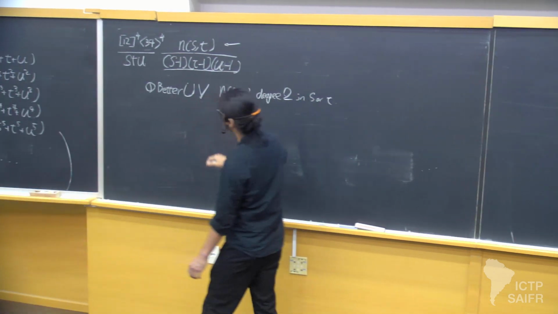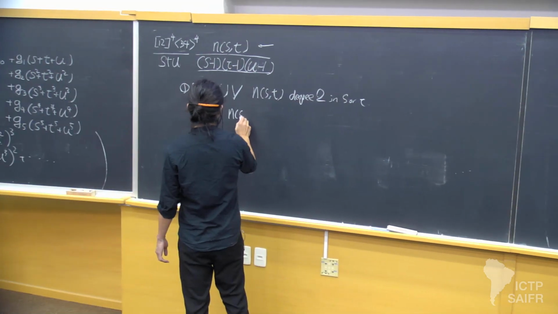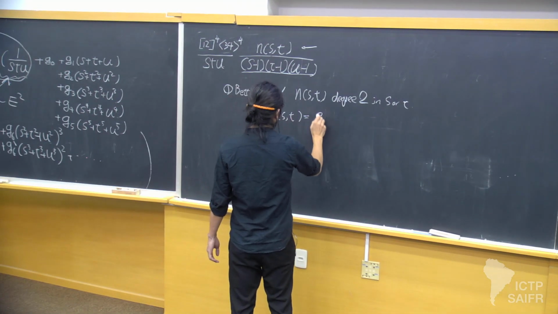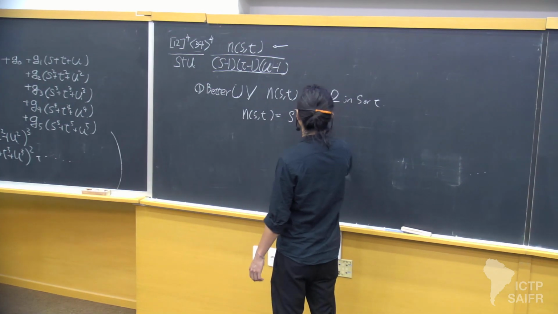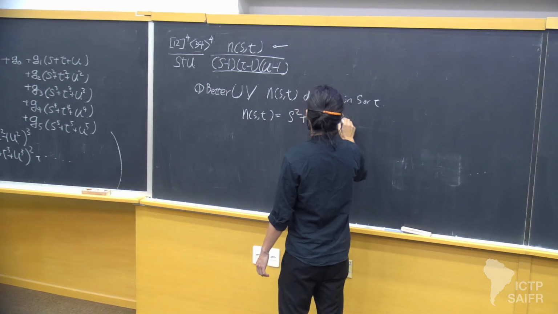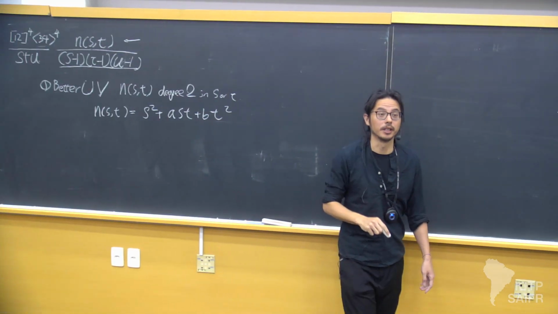That already tells you that you don't have many degrees of freedom, because you can only write N(S,T) to be S squared, which is just an overall normalizing factor so I don't need to put a coefficient here, plus A S T plus B T squared. This is the only thing you can put up there if you want to improve things.